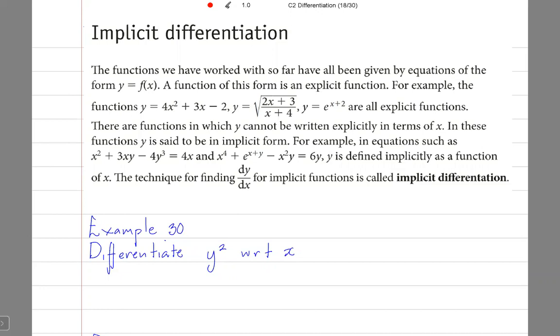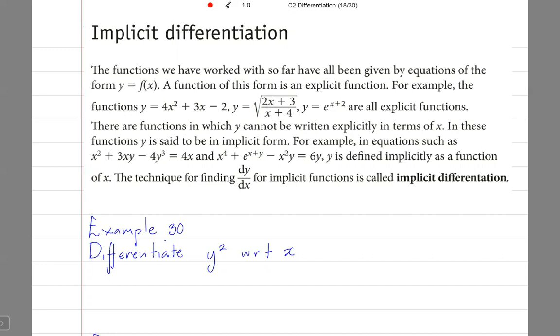functions. There are functions in which y cannot be written explicitly in terms of x. In these functions, y is said to be in implicit form. For example, in equations such as x squared plus 3xy minus 4y cubed is equal to 4x, and x to the fourth plus e to the x plus y plus minus x squared y is equal to 6y.